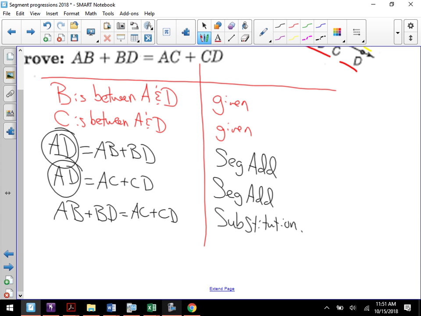When two things equal the same thing, they equal each other. Or put something in for something else. That's what that looks like.